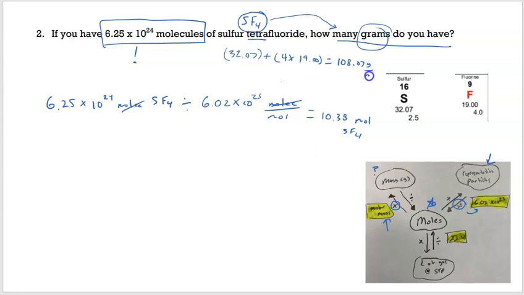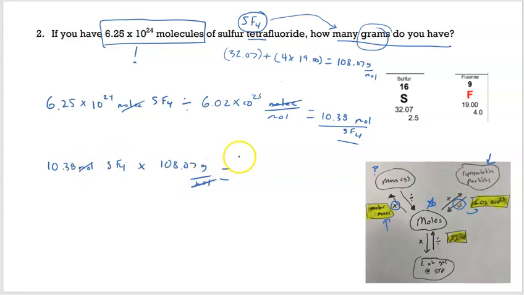grams per mole. So in this case, I know that I have 10.38 moles of SF4. 1 mole of SF4 is 108.07 grams, so I'm just going to take my number of moles and multiply it by the molar mass. So I have 10.38 moles of SF4 times 108.07 grams per mole.